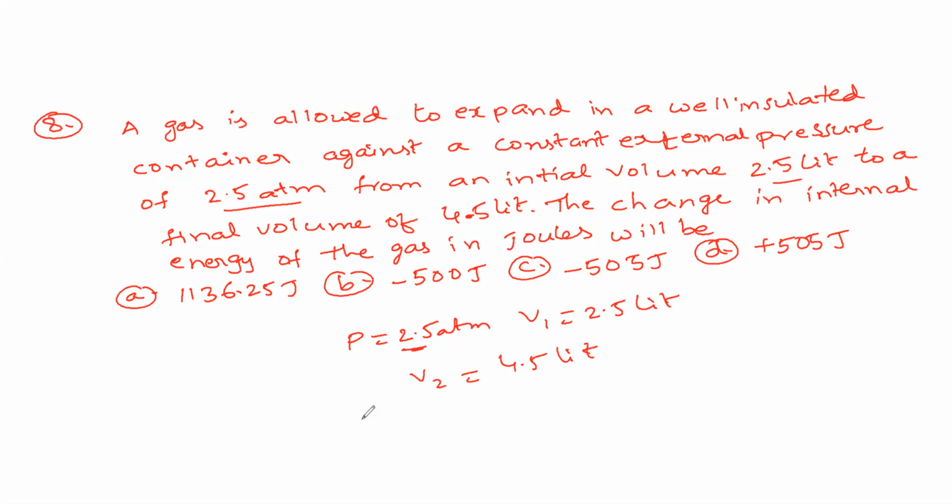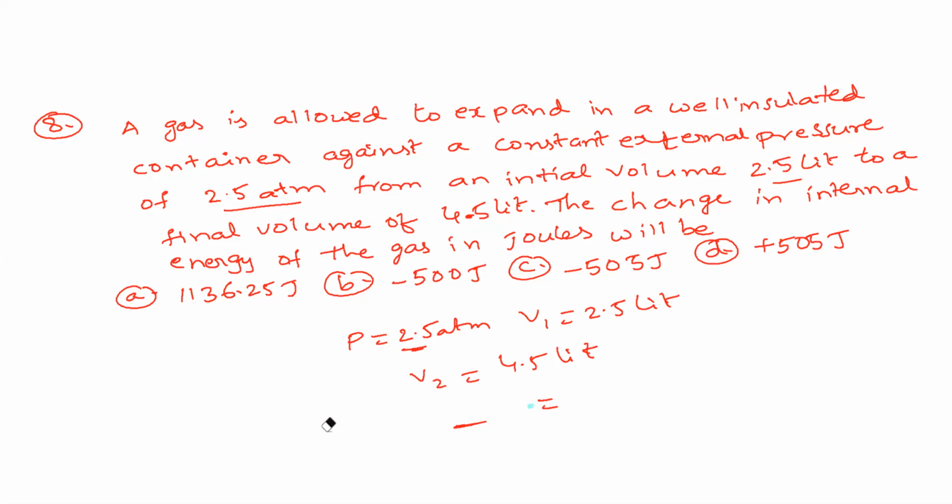So we already know that work done is equal to minus P delta V. Since this is an adiabatic process, work done is equal to minus P delta V, P external.